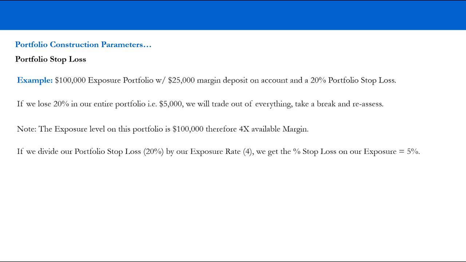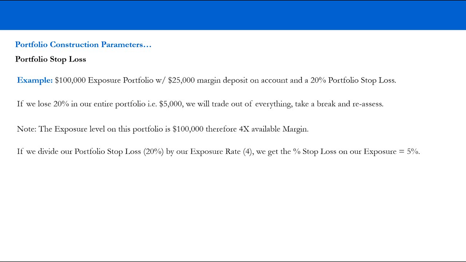So that works out as 5%. So what we're saying is that if we lose 5% in our overall exposure, or we lose 20% of our margin, when we're 4 times exposed, we're going to trade out of everything and take a break and reassess.